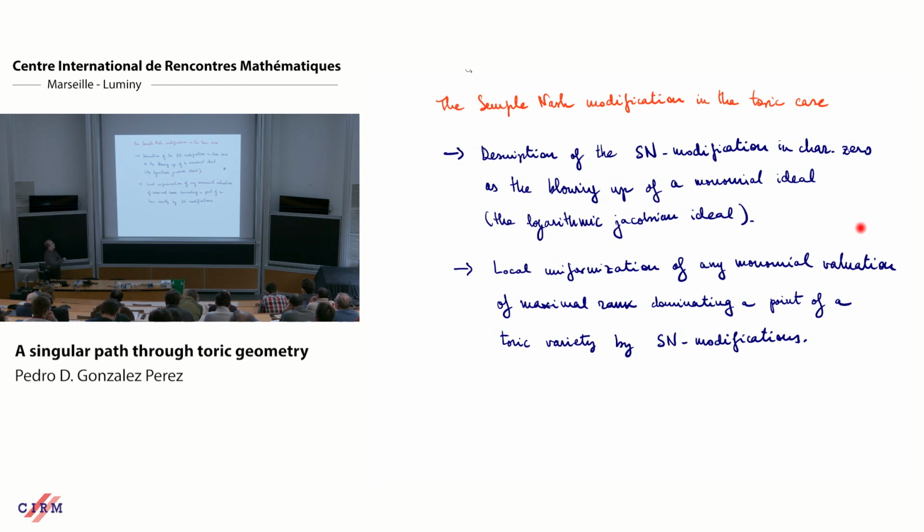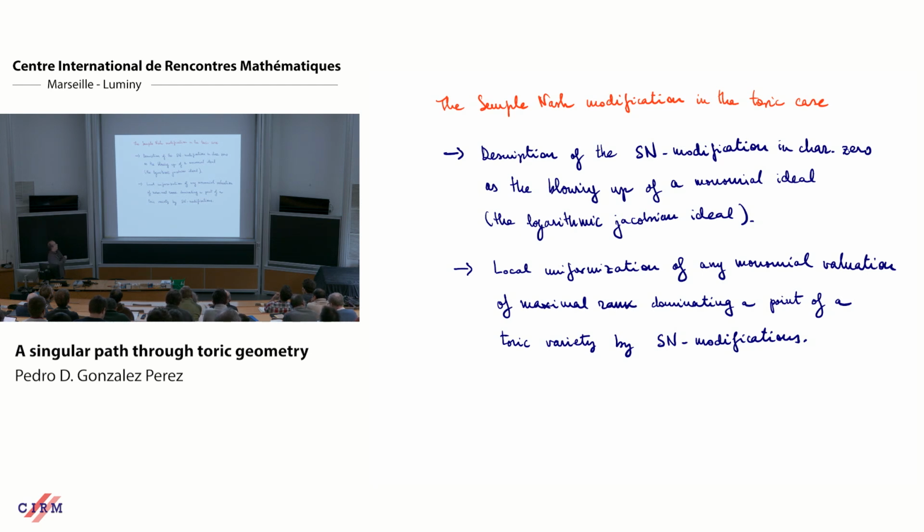And then what we did is that we tried to study the iteration of the Semple-Nash modification in the toric case. And what we found is that we get some finiteness result for monomial valuations of maximal rank which dominate a point in the toric variety.